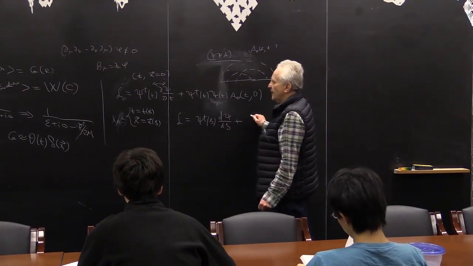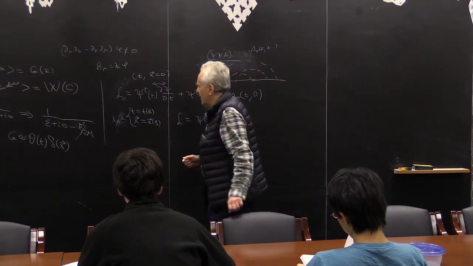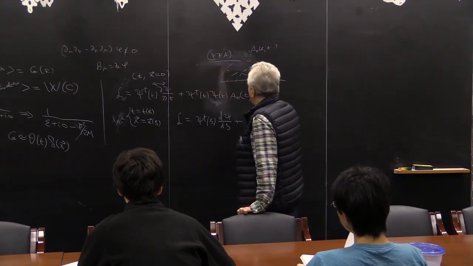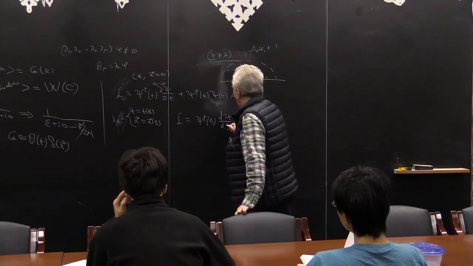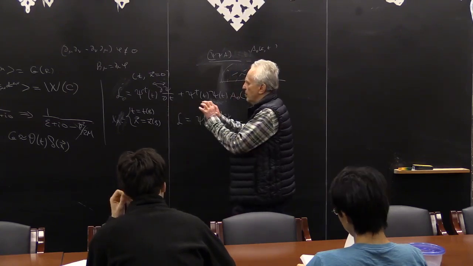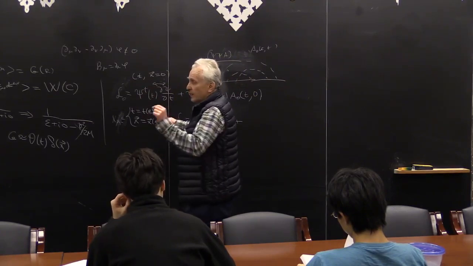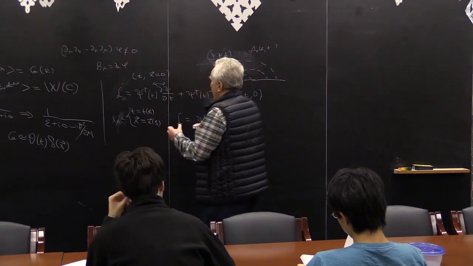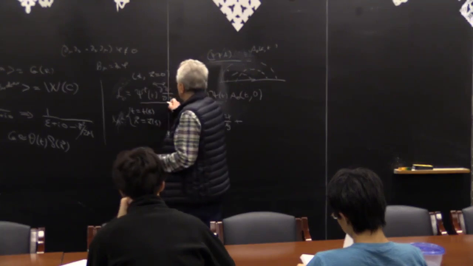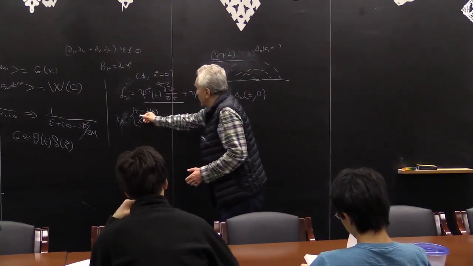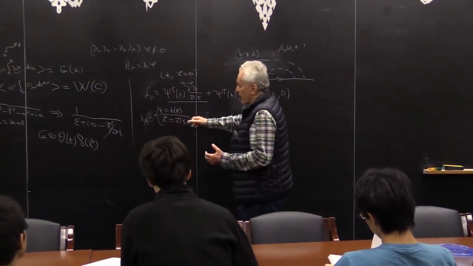First, the question, why is it d by ds? Parameterize. I want to say that in the frame where the particle rests, I have just this static particle where s is the proper time.